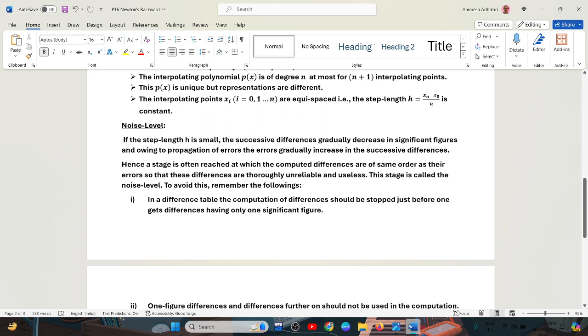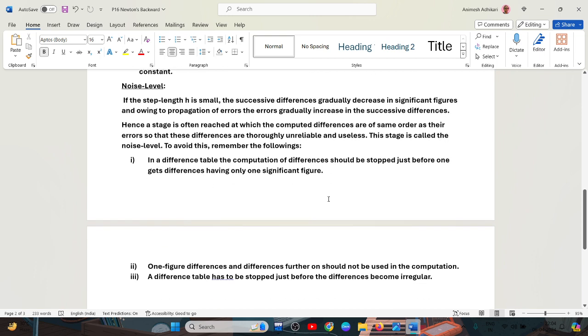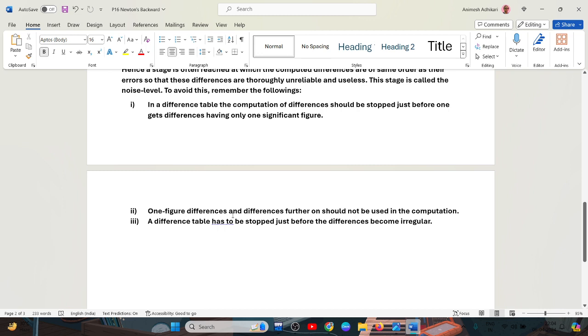This stage is called the noise level. To avoid this, the computation of differences should be stopped just before one gets differences having only one significant figure, and differences further on should not be used in the computation. A difference table has to be stopped just before the differences become irregular.